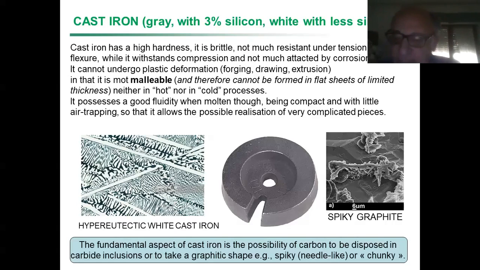Of course they are not detrimental for hardness, but they make cast iron even more brittle than it is already. That's why they also do very high thicknesses, because then it's over-dimensioned, even in case of impacts.